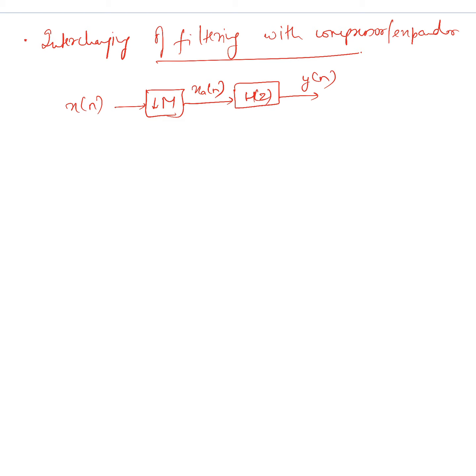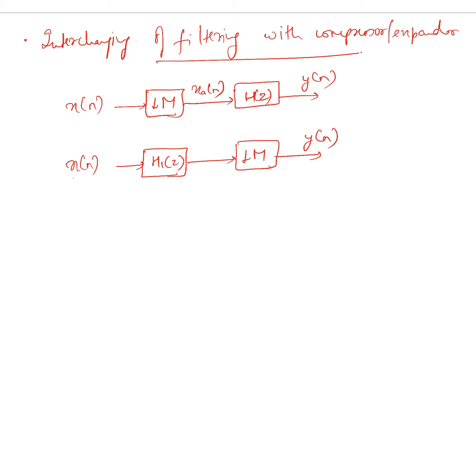Now if I interchange the position of these two blocks, this is the idea behind interchanging of filtering with the compressor, then we have this x of n, and I will call this filter h1 of z, because we don't know yet whether the filter is changed or not, and I want to interchange its position to give this y of n.